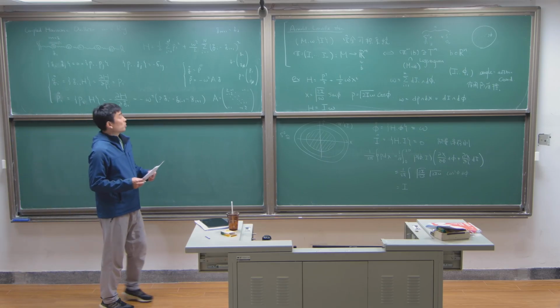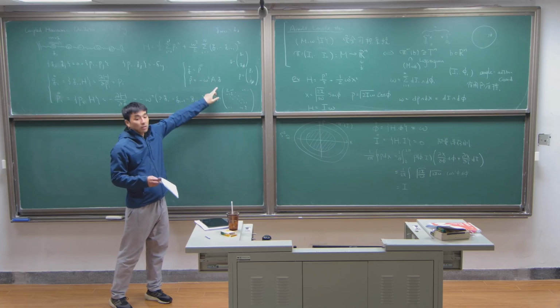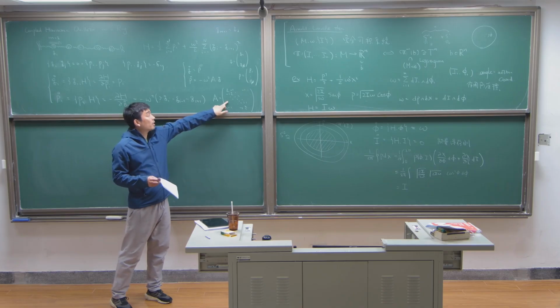The thing you should do is diagonalize this matrix. So you try to find a suitable change of basis so that you can diagonalize this matrix.